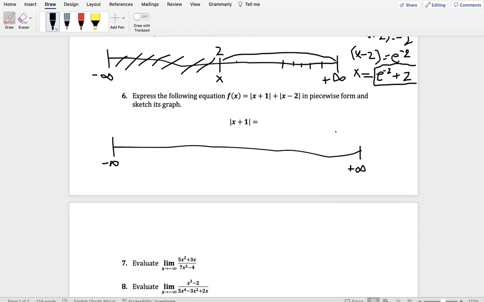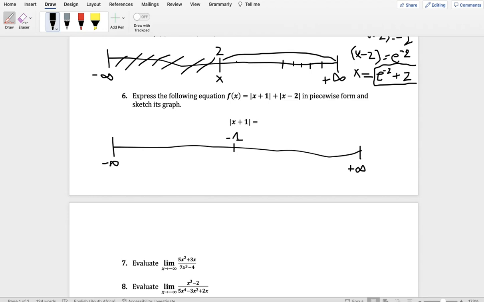What value of x makes this x plus 1 zero? I'm asking you guys to see if you're following. What value of x makes x plus 1 zero? Minus 1. Right. Thank you. So -1.